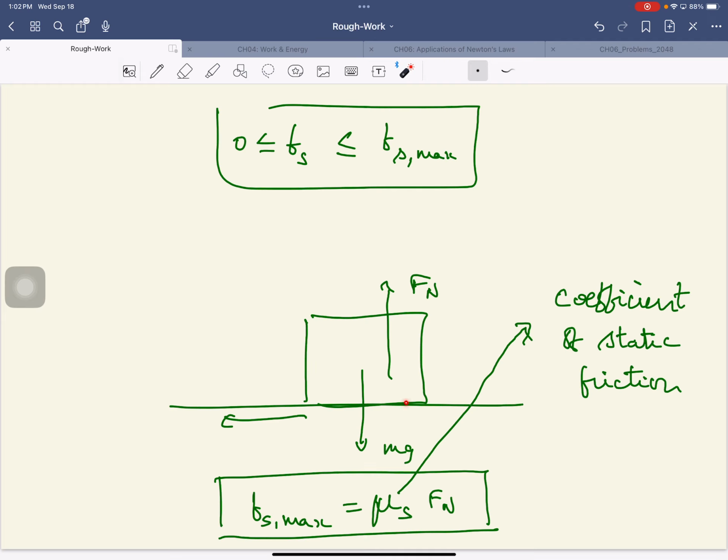Zero would be a frictionless surface. It can't go negative, so frictionless is the best you can do, and the worst you can do is infinity. That's super glue. So this is a dimensionless quantity, and it can go from 0 to infinity.